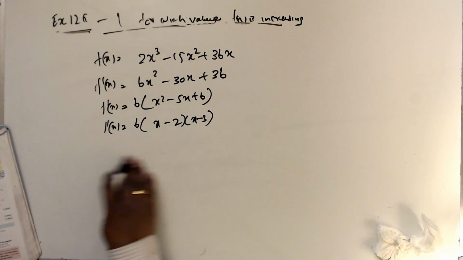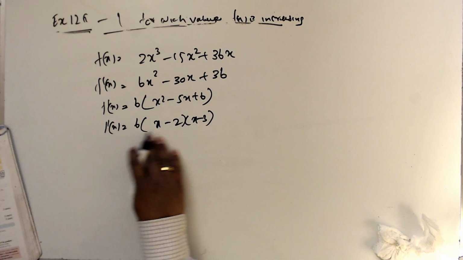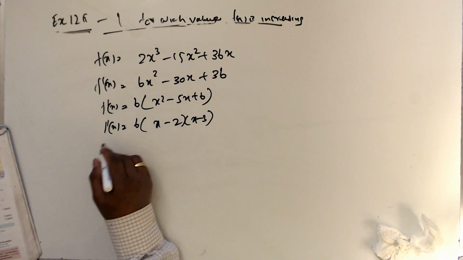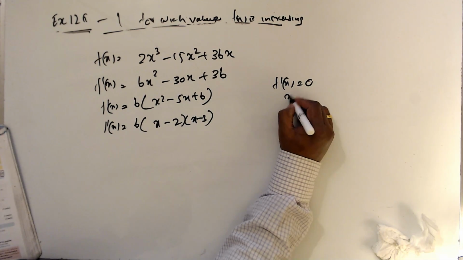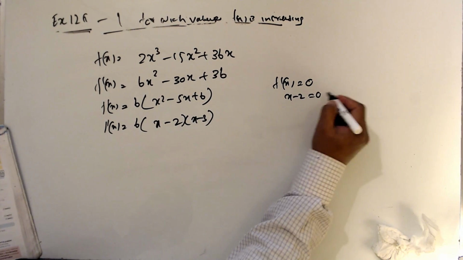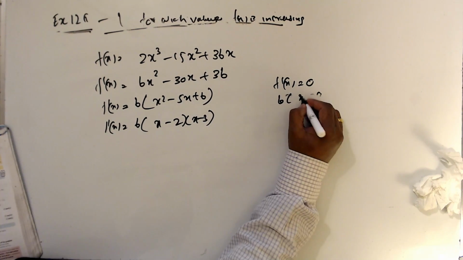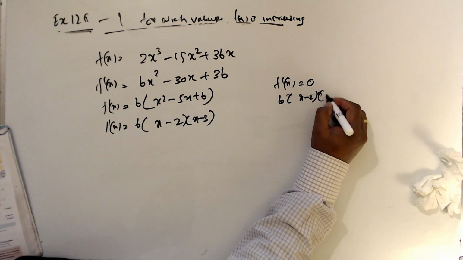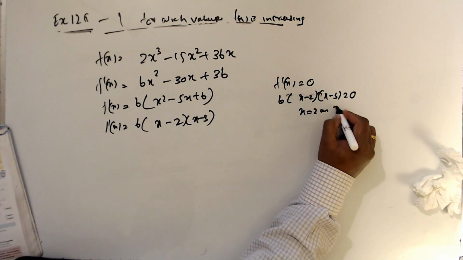Now we can break this into 3 areas. Initially we will make it equal to 0, then x minus 2 equals 0 and x minus 3 equals 0, so x equals 2 and x equals 3.